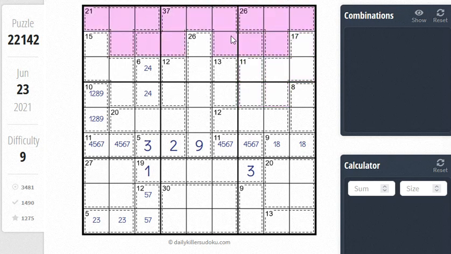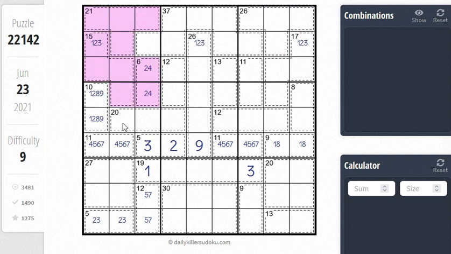And here we have 47, 37, so what's that? 84, is that? Yeah, I think that's 84. So it looks like this has to be 1, 2, 3, 1, 2, 3, 1, 2, 3. So that might be interesting.